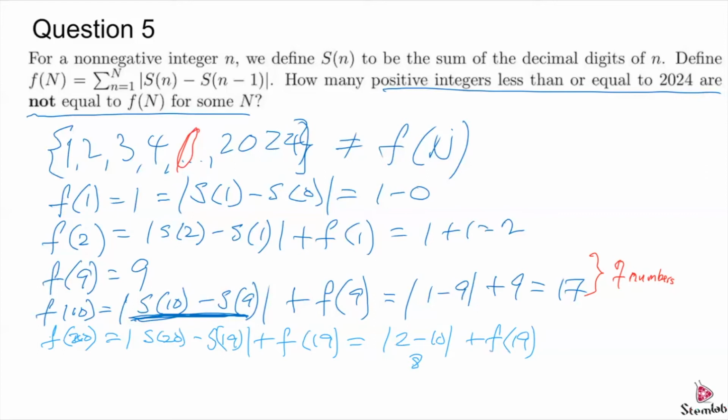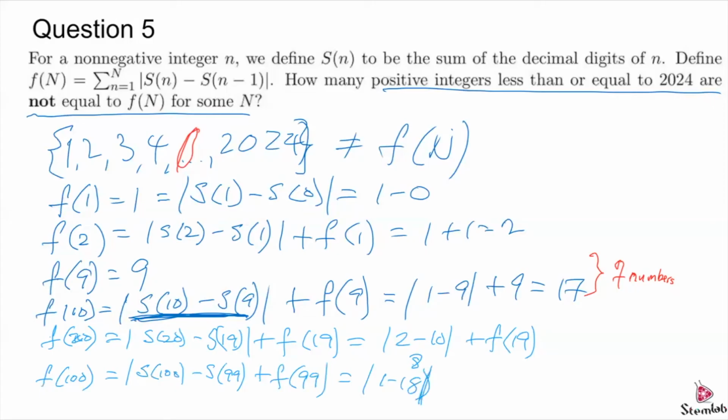At f of 100, we actually skip more. In the multiples of 100, as you will see here, s of 100 minus s of 99, what's f of 99? Instead of adding 1, we will be adding 17.